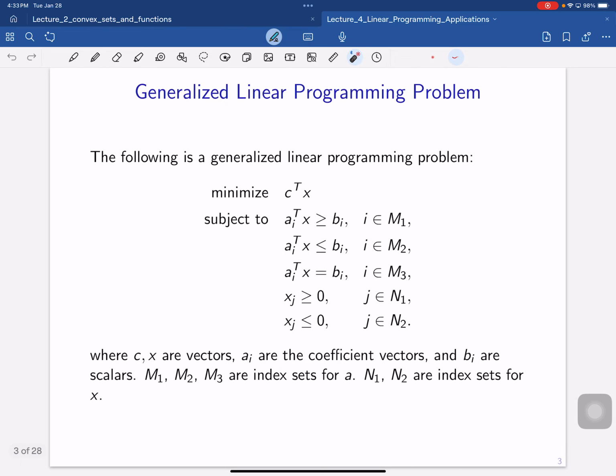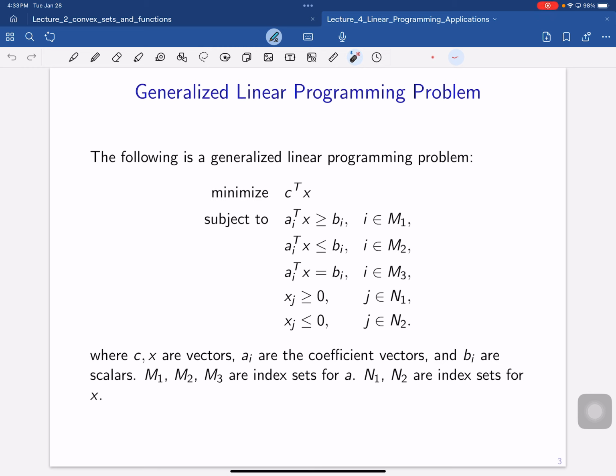Now, how do you represent that in a general way? So this is a representation of linear programming. We will talk about different ways of representing linear programming. This is perhaps one of the most natural ways, where you have x, which is, let's say, an n-dimensional real variable. The objective is minimizing c transpose x. Then you have different sets of constraints, right?